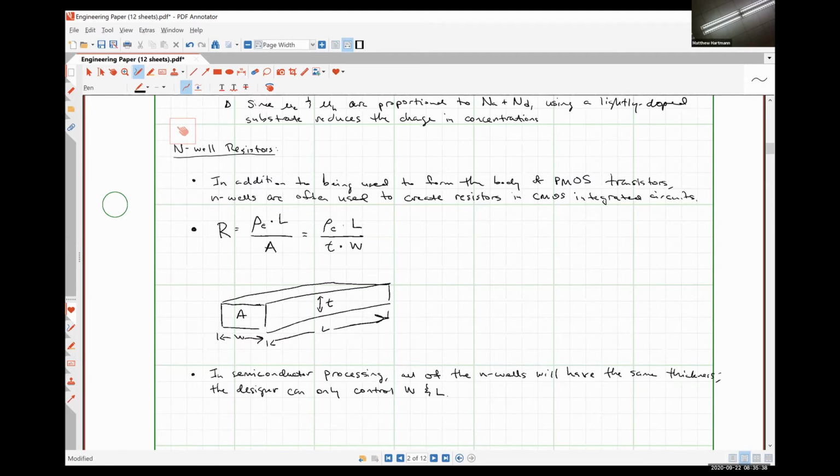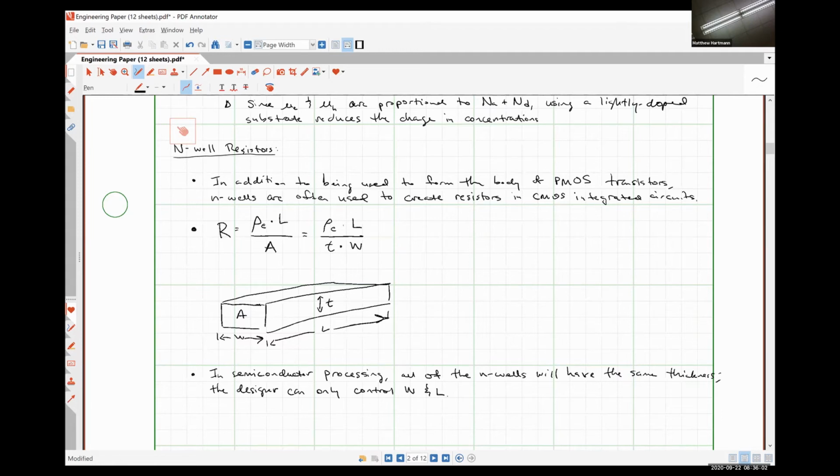Yes and no. The reason why all the wells are going to have the same thickness is that during the processing stage, there's a beam that is shown down onto the substrate. And that beam has a particular intensity, where intensity is simply the amount of energy per unit area.